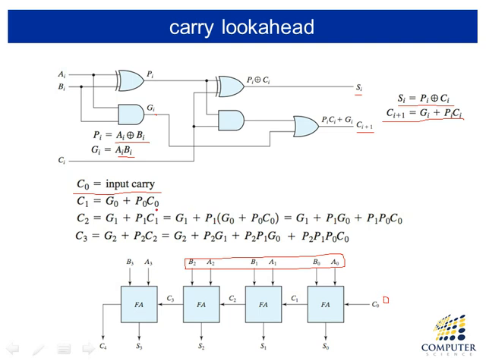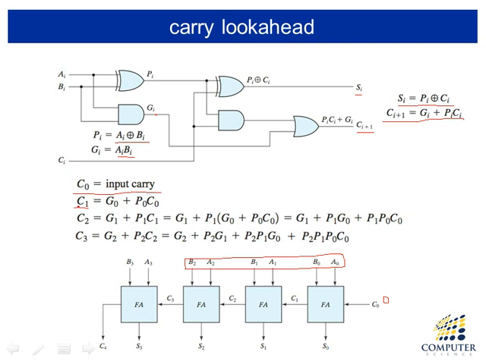Then C0 is something coming directly for the rightmost position, least significant bit, so we'll assume 0 there. And then C1 is defined, from this general expression, as G0 or P0 and C0. Here, G0 is A0 AND B0, and P0 is A0 XOR B0.